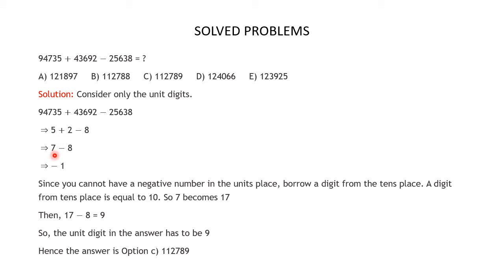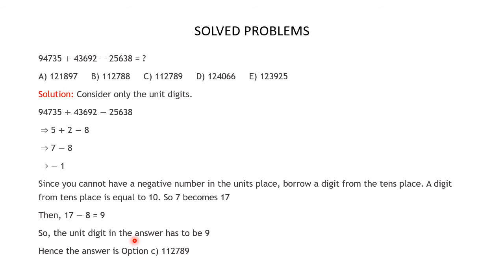5 plus 2 is 7. 7 minus 8 is minus 1. Now, since you cannot have a negative number in the units place, you have to borrow a digit from the tens place. A digit from the tens place is equal to 10. So, 7 becomes 17. Then 17 minus 8 is 9.